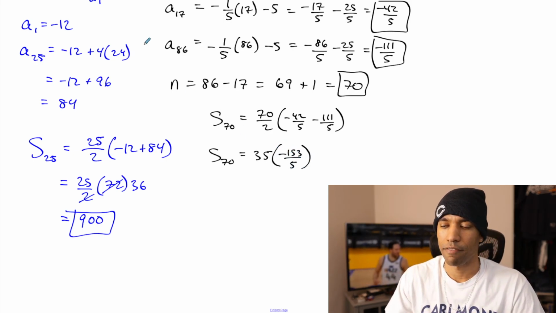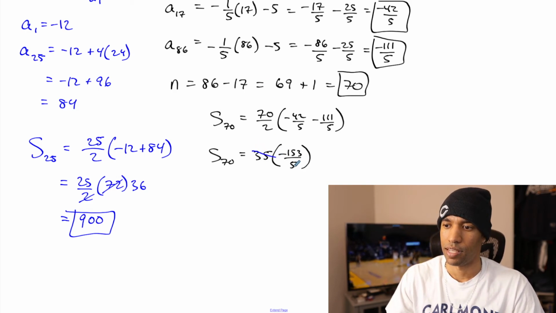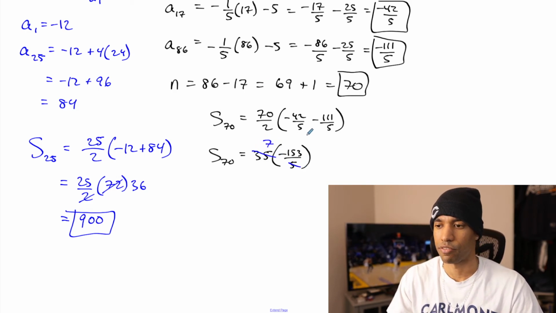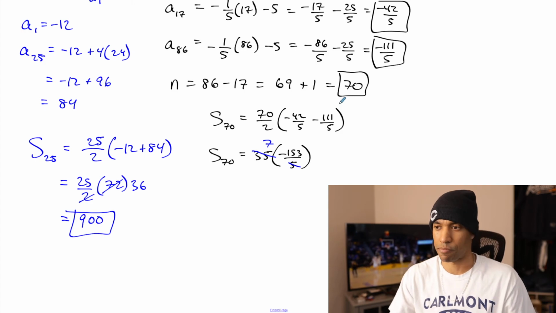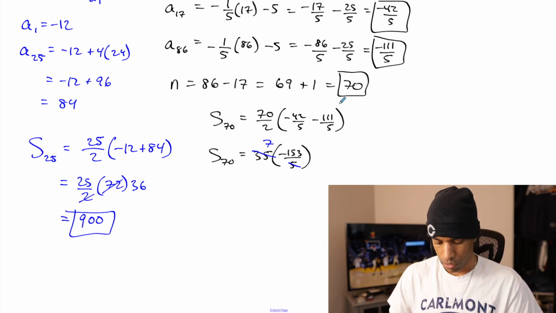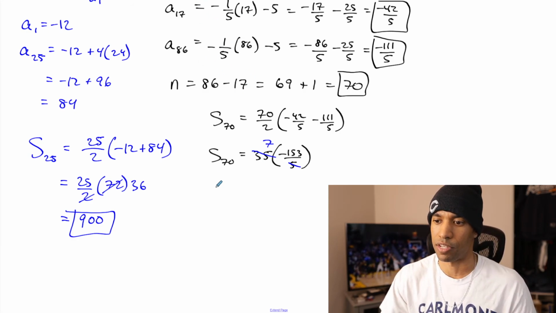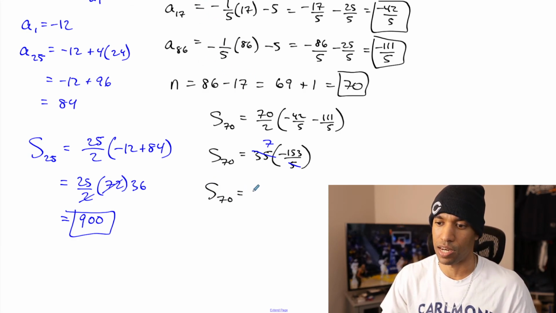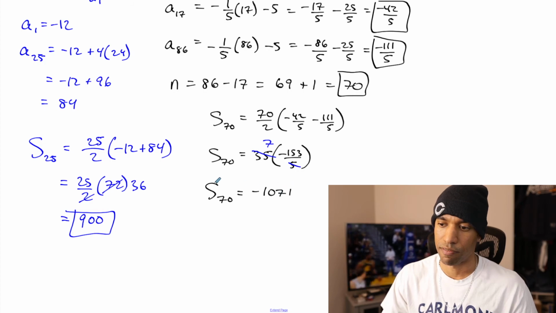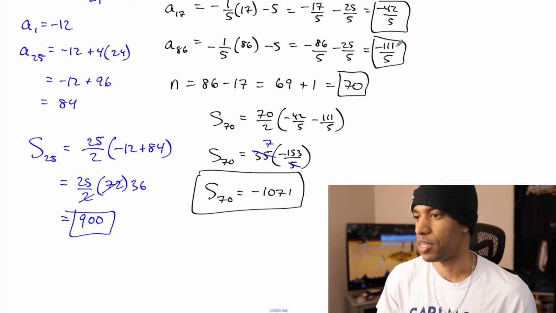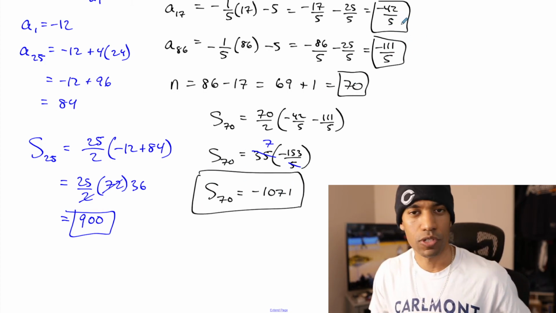Now 35 over 5 is 7. I don't have to deal with that anymore. I still got to do 7 times 153. So 7 times 153. And I'm getting negative 1,071. S sub 70 is negative 1,071.